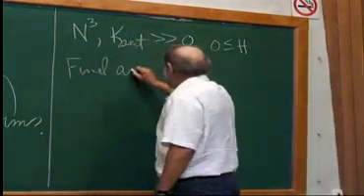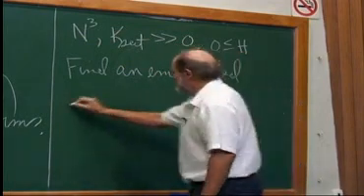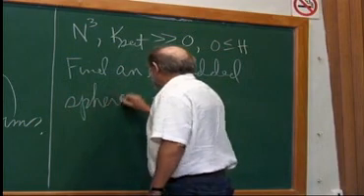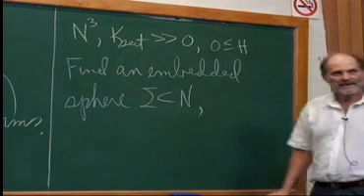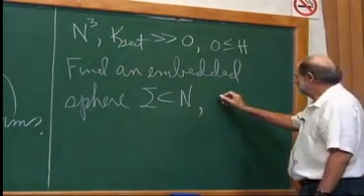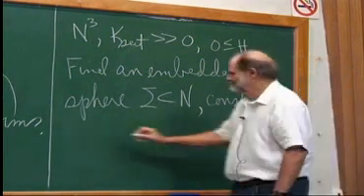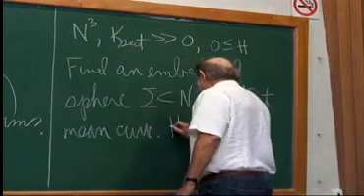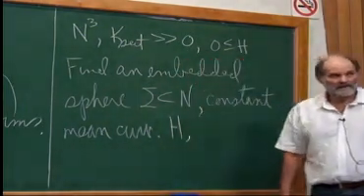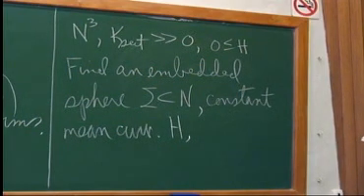Find an embedded sphere sigma in N of constant mean curvature h. So I thought this problem would be easy, and I tried and I tried and I tried, and lots of people have now tried. The problem is not solved.